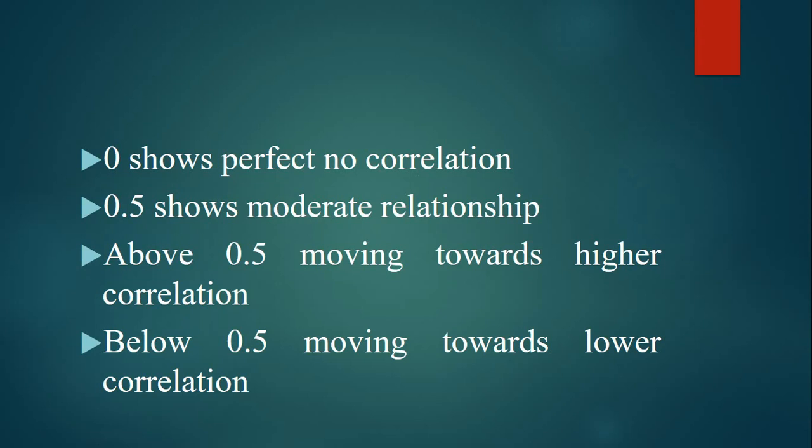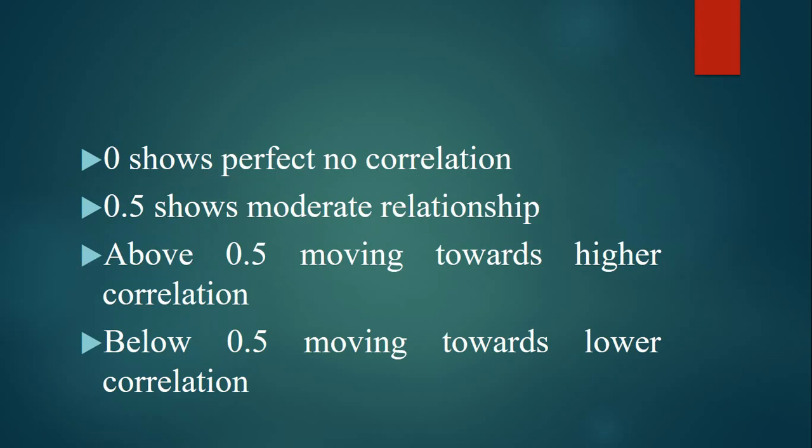Furthermore, if we get the figure 0.5, it indicates a moderate relationship between variables, and above 0.5 means we are moving towards a higher correlation, and when we reach 0.8, 0.9, or lastly 1, it indicates the highest correlation between the variables.